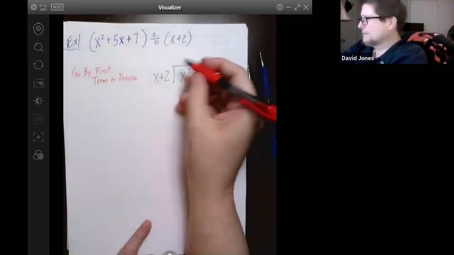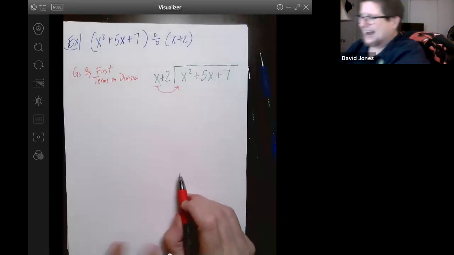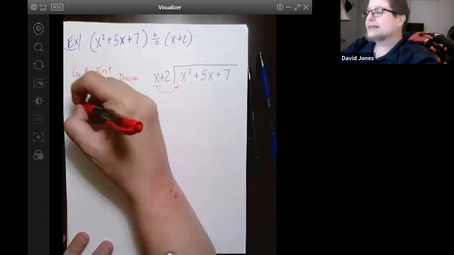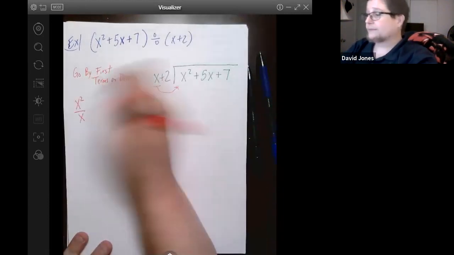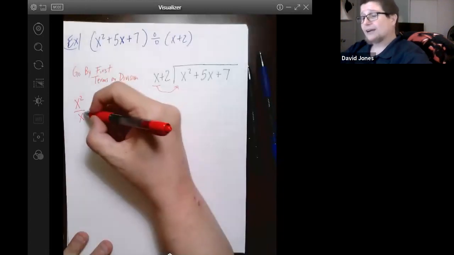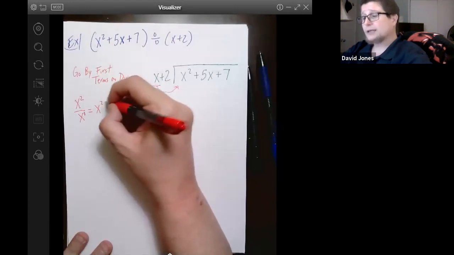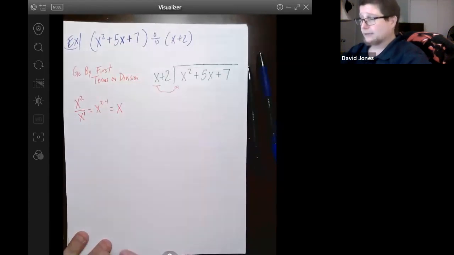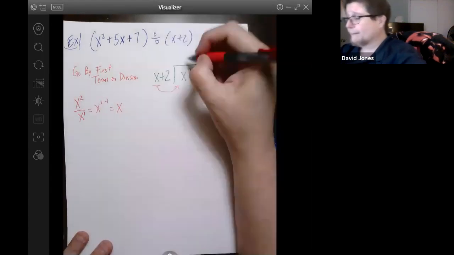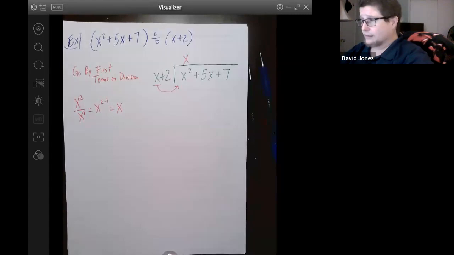How many times does x go into x squared? You can easily write this as x squared over x, which is like x squared over x to the first power. We subtract exponents, we get x. That's what goes up top, x. Then what did we do?